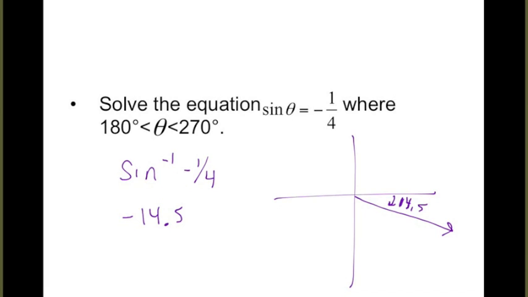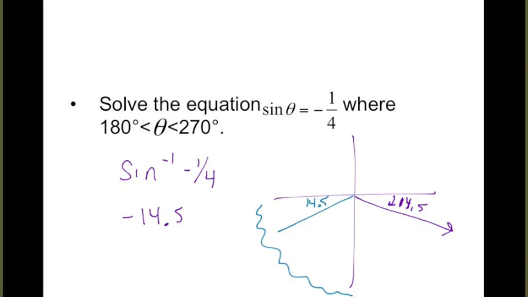We want our answer to be somewhere in this range. What we can do is reflect this angle over any quadrant we want to, keeping our reference angle the same. So if I want it over in that third quadrant, I can just flip it over into there and keep that reference angle the same.